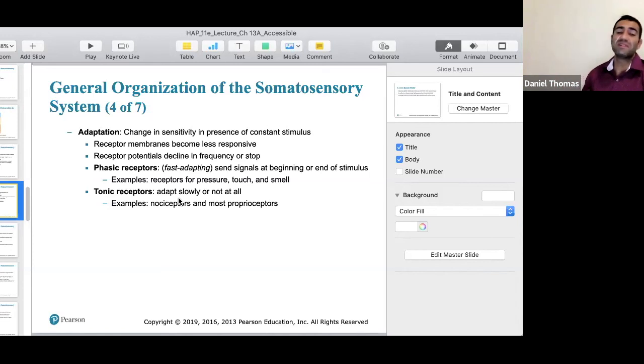At the beginning, you are going to see lots and lots of action potentials. But then, if the stimulus is kept the same, it is going to fire fewer and fewer action potentials.